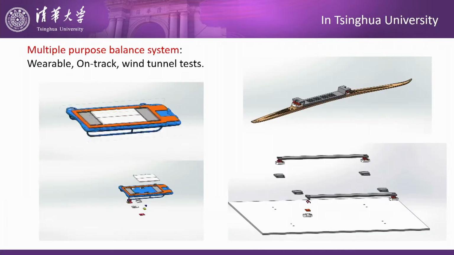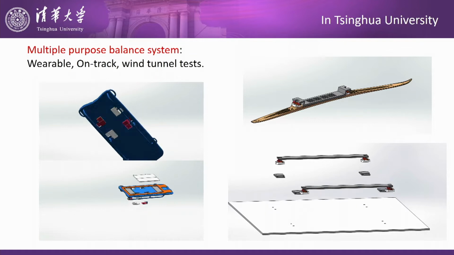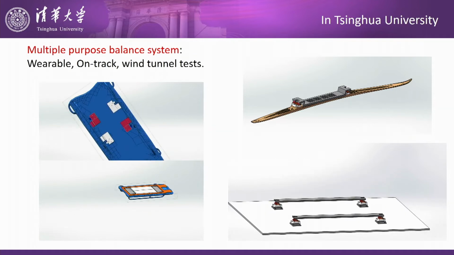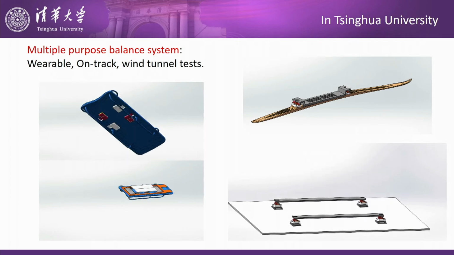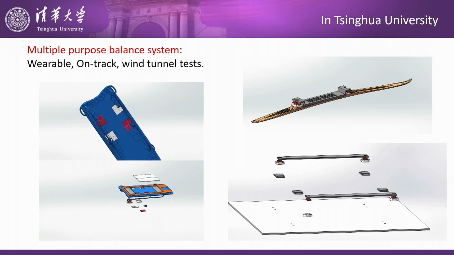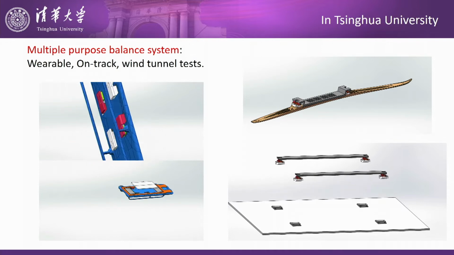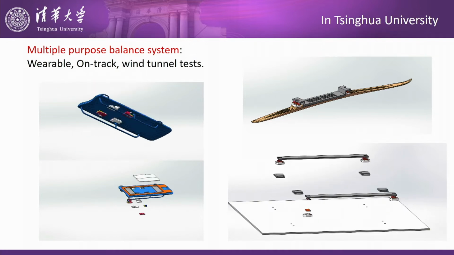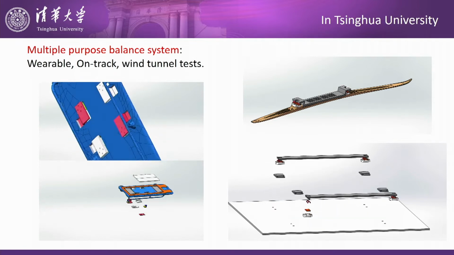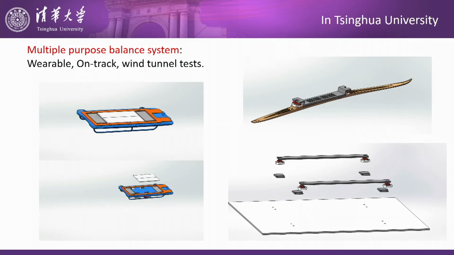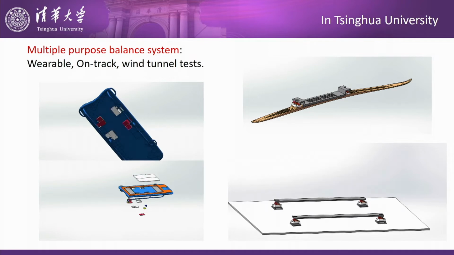And moreover, we have another system of balances. It's variable. It can be used on track, and also in the internal test. You can see for skeleton, this is an assembly GIF, and this is for the cross-country ski, all right?